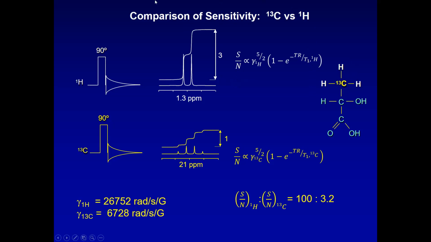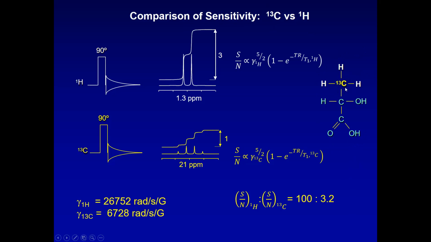So now to improve our ability to localize and the sensitivity, we have an option to exploit the frequency differences between carbon-13 and protons. At the right here, we have a lactate molecule. Notice that one of the carbons, the yellow one, is designated as carbon-13.